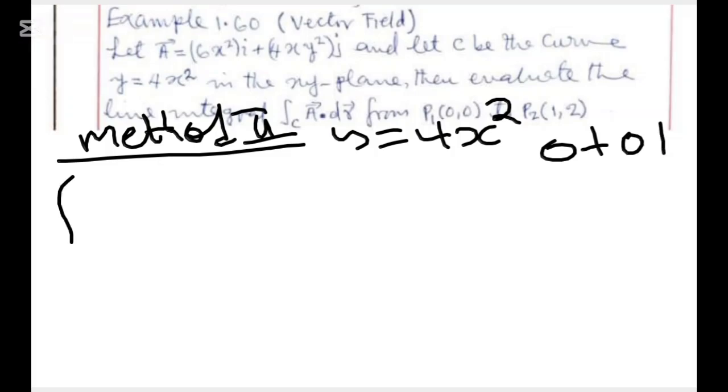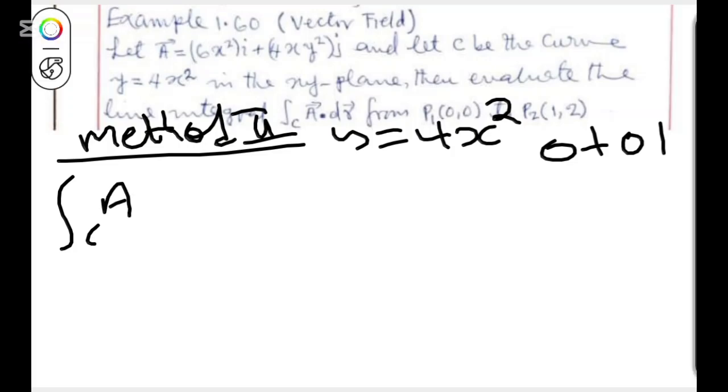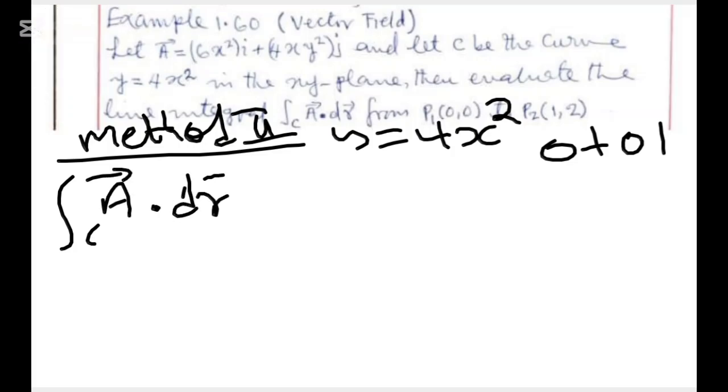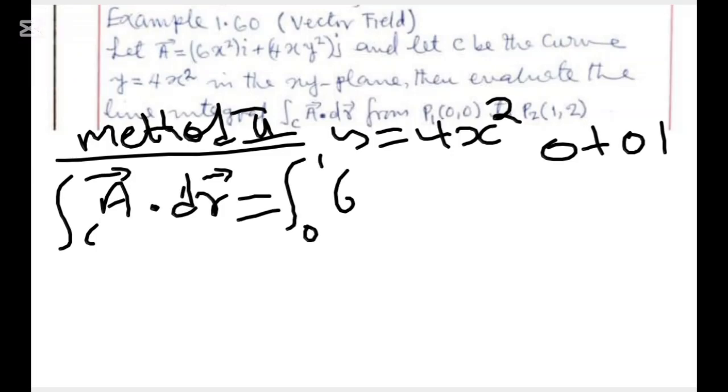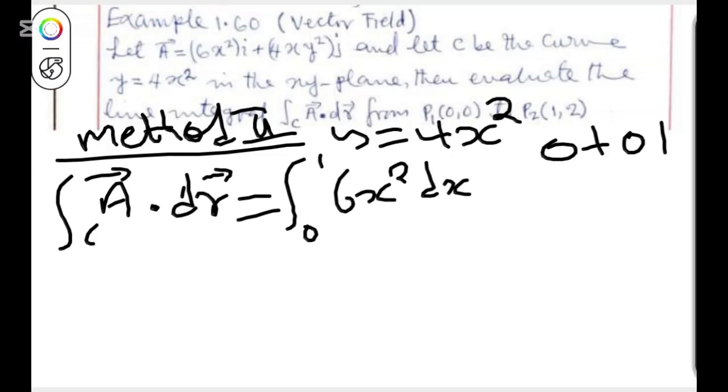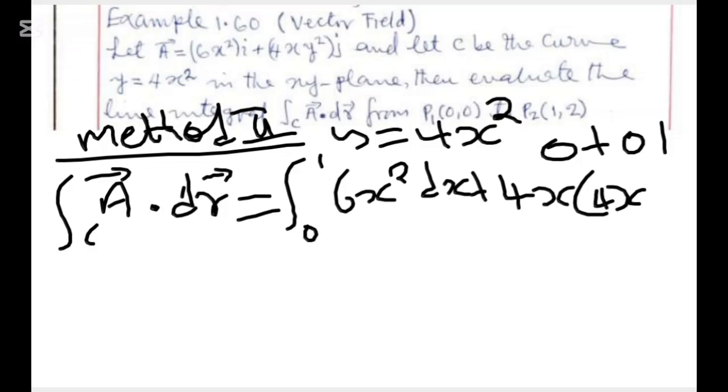Then I'll say the integral of C of this vector a dot dr, and therefore I will say the integral of 0 to 1 will be 6x squared dx plus 4x multiplied by 4x squared.